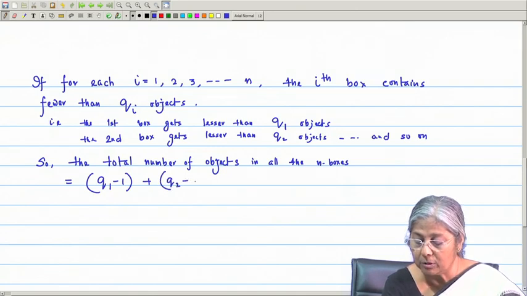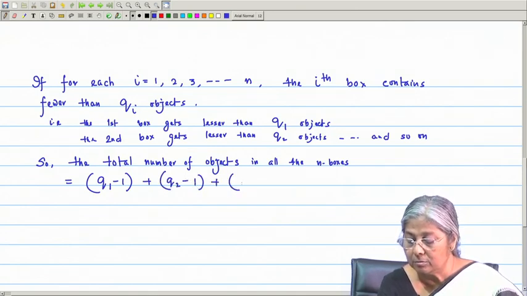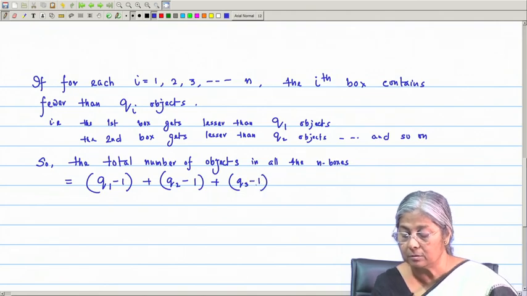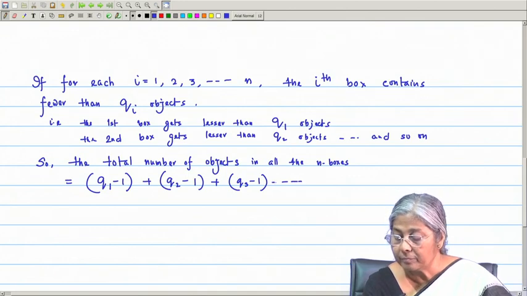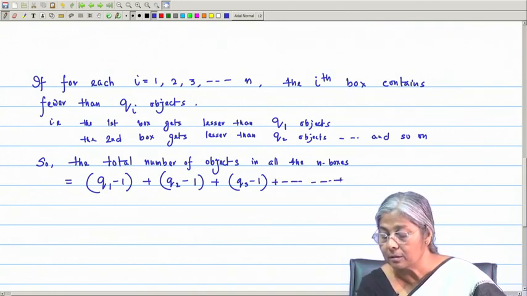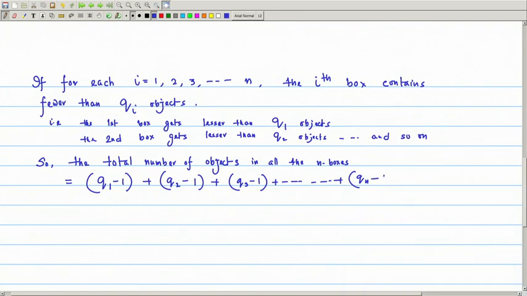Similarly, q2 minus 1, q3 minus 1, plus qn minus 1, and this becomes q1 plus q2 plus qn minus n, since there are n boxes and I have n terms.